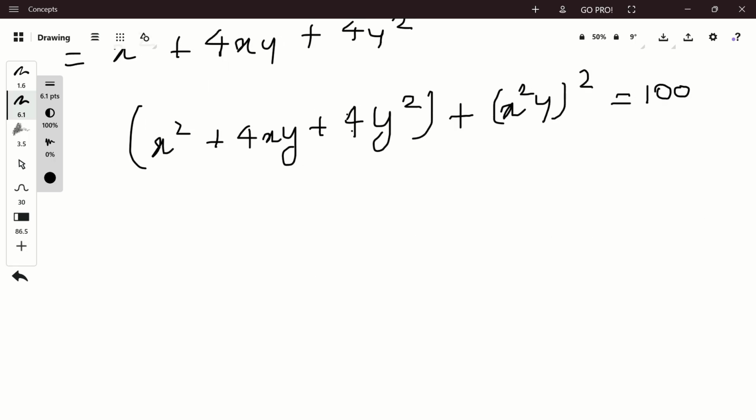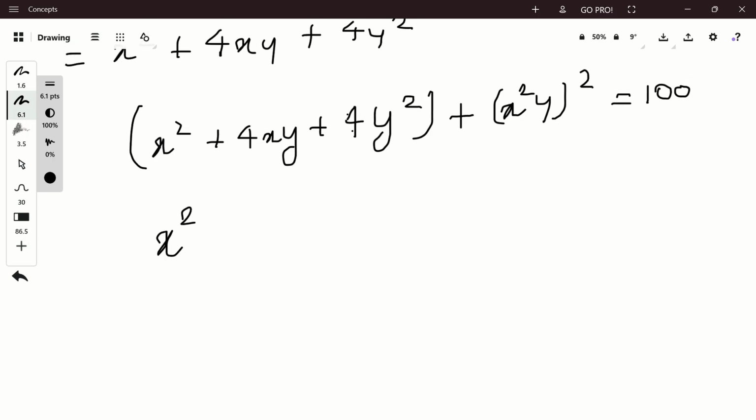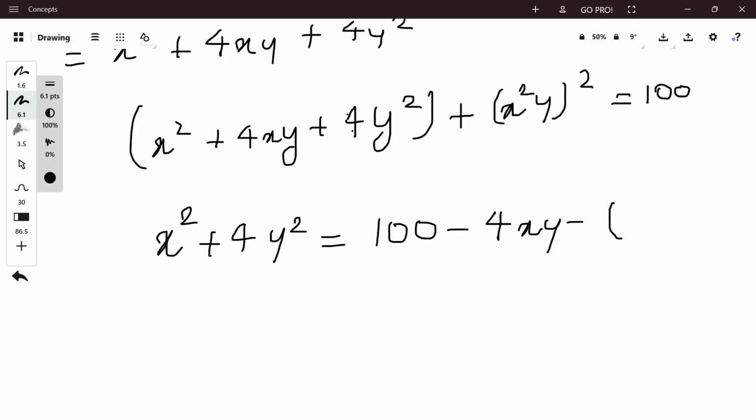Rearrange to isolate the target expression x square plus 4y square. We have x square plus 4y square is equal to 100 minus 4xy minus x squared y whole square.